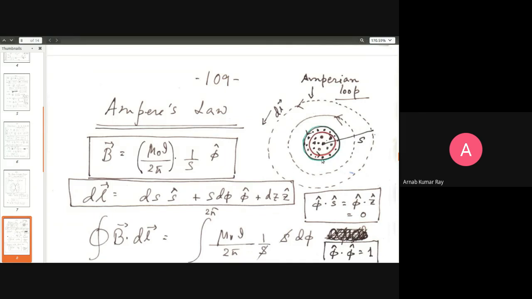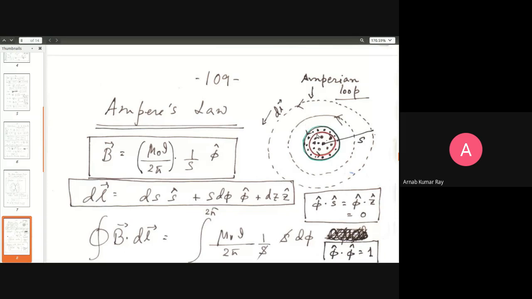This is the cylindrical surface of the wire. This green circle is the cylindrical surface of the wire. The wire material does not extend beyond, let's say it's a copper wire. So here within this green circle, you have a lot of copper, but outside is air or vacuum, whatever.